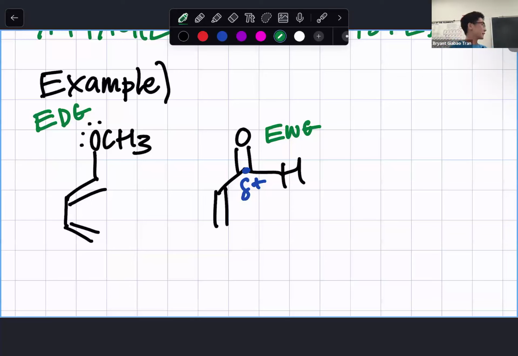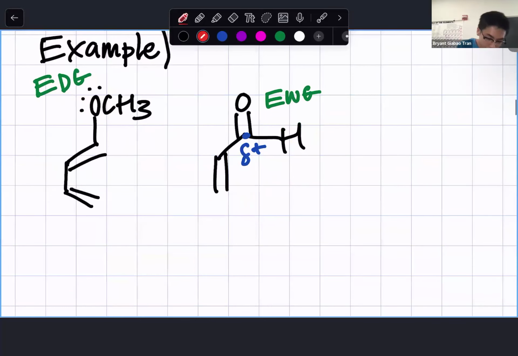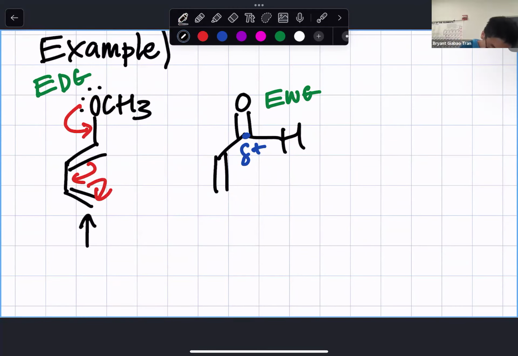And this could affect the Diels Alder regiochemistry because let's draw in the resonance structure here, where the EDG is able to donate electrons and give us this resonance structure.